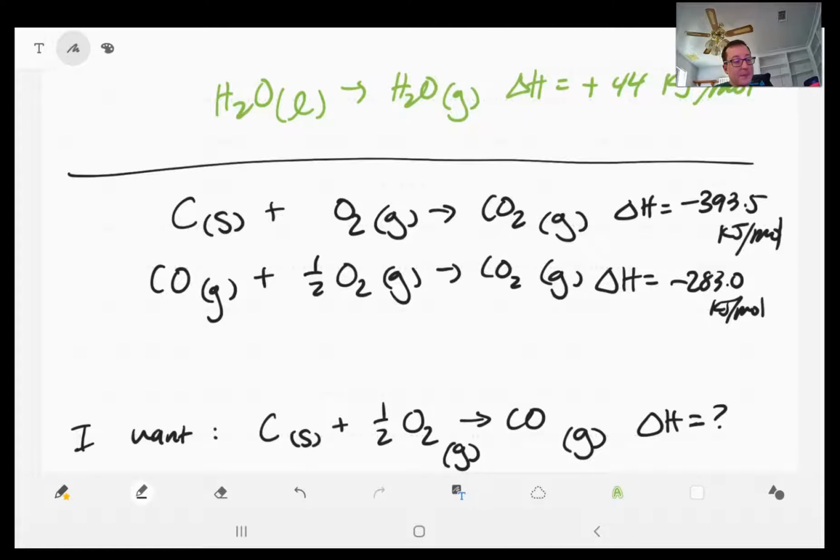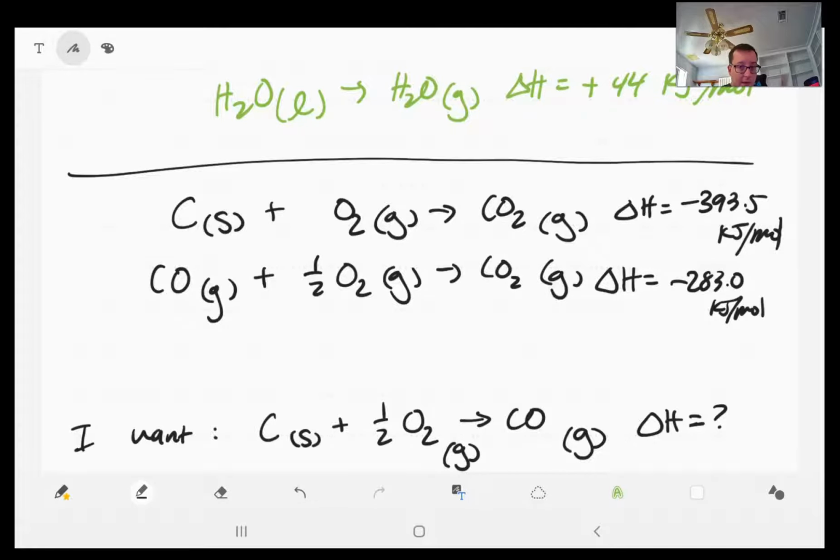Sometimes it's experimentally impossible to figure out something. For example, figuring out how to get from carbon and oxygen to carbon monoxide. That's not something easy to do because very often that first reaction happens. If you burn charcoal, you get carbon dioxide as your predominant product, like 95% or more, right, is carbon dioxide. So if you want to figure out how much energy it's going to take just to go to carbon monoxide, that may be troublesome.